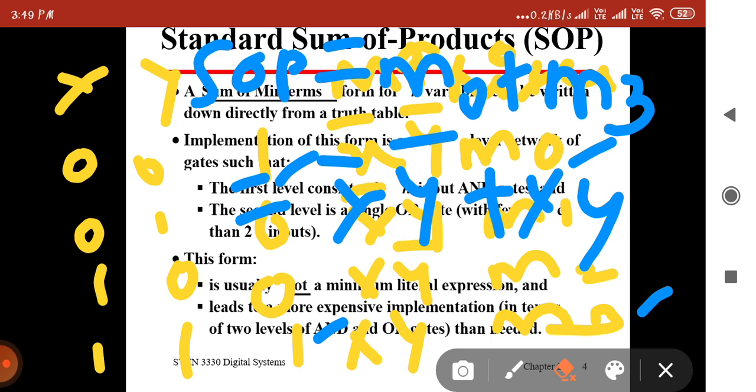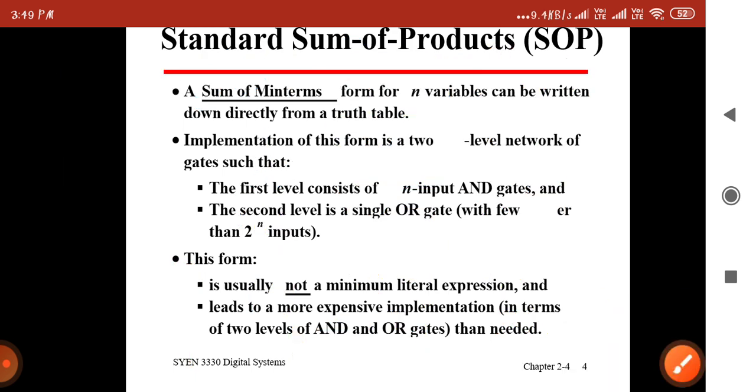SOP depends on the n terms. Whatever the output will come, that will give that one. The n variables can be written down directly from the truth table. Directly from the truth table, whatever output they have given, we have to write it.